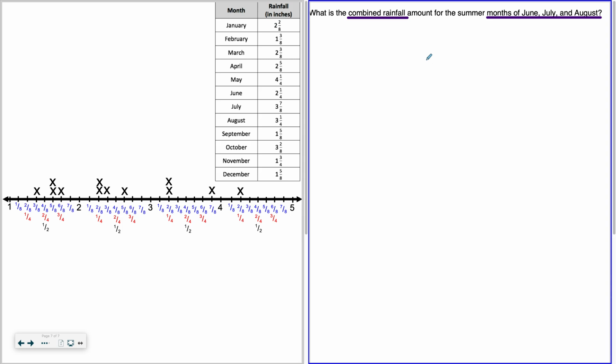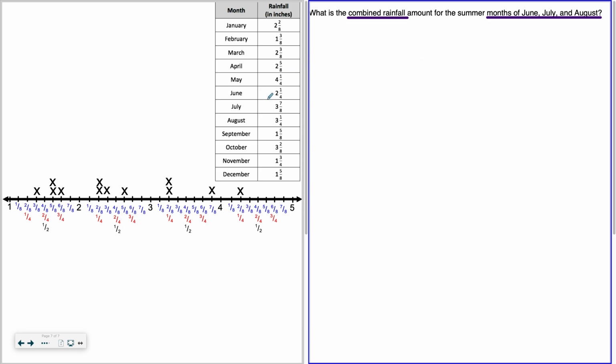I want all 3 months combined. And once you have your equation, go ahead and solve. Press pause now, and then press play when you're ready to check your work. Right, if you're watching now, you are going over your work.